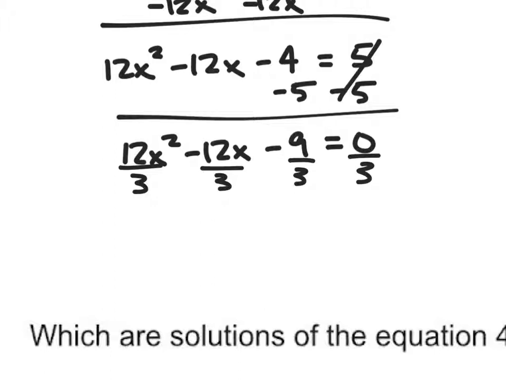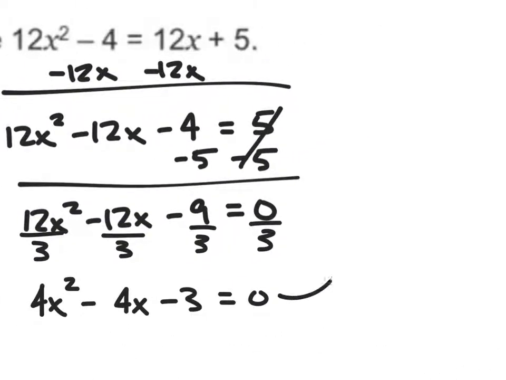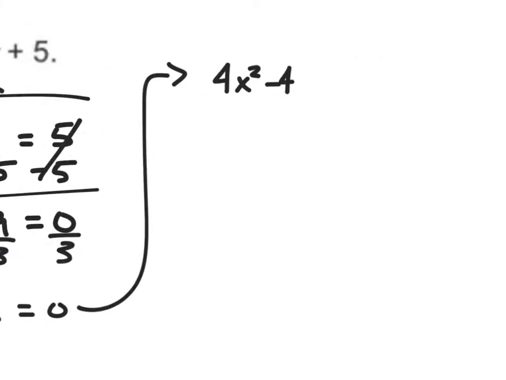So let's do this. 12 divided by 3 is going to give us 4x squared minus 4x, and then minus 3 is equal to 0. Now remember, 0 divided by 3 is just 0, okay? So now this is the quadratic that we want to factor. So 4x squared minus 4x minus 3 is equal to 0.